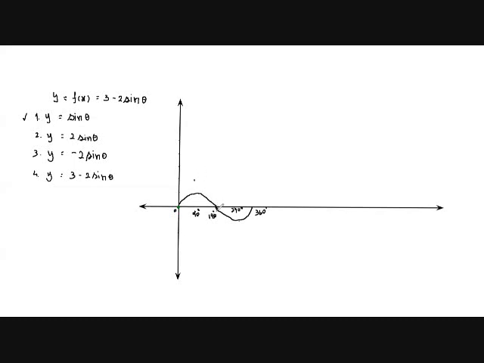And then sine 180 is 0, times 2 is 0, so stay right here. And next one, sine 270 degrees is -1, times 2 becomes -2, approximately here. And then sine 360 degrees is 0, times 2 still 0.